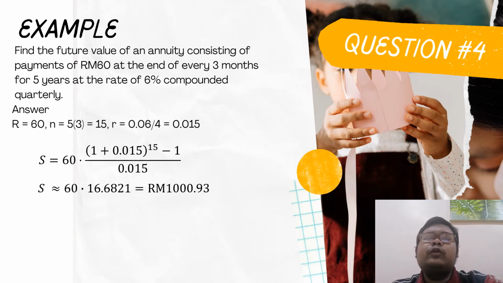So from the formula we get S equals 60 times (1 plus 0.015) to the power of 15 minus 1 over 0.015. So the answer is 1000 ringgit 93 cents.